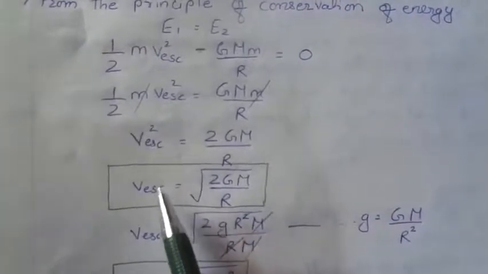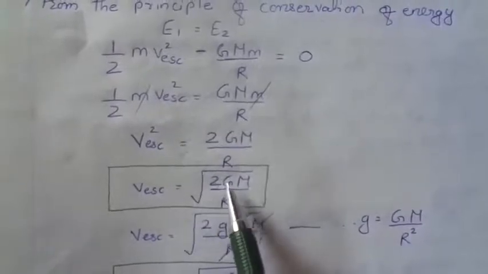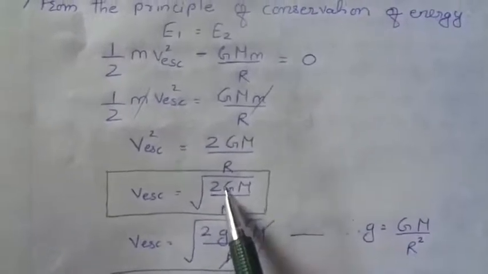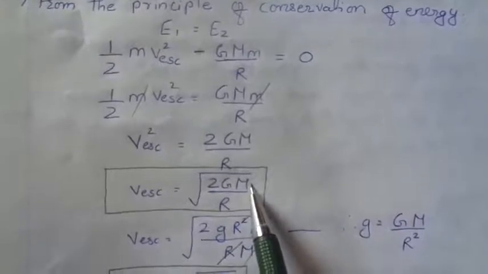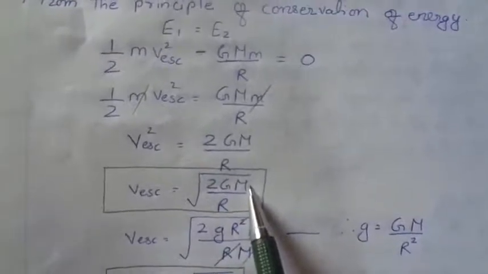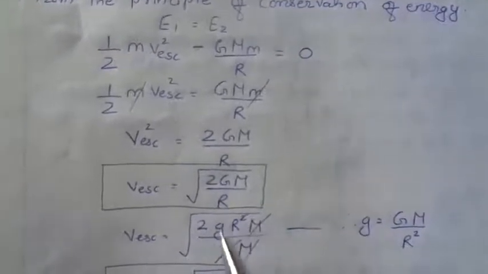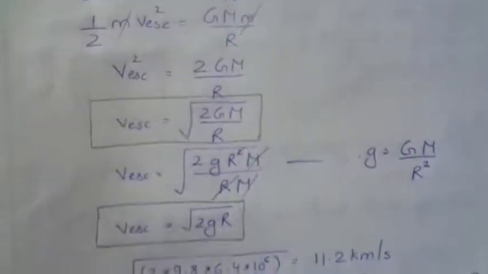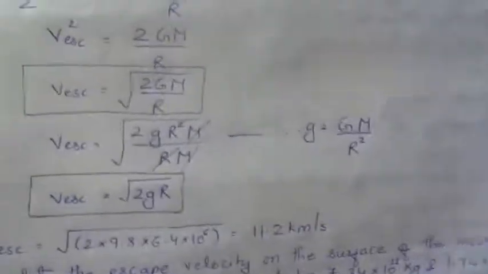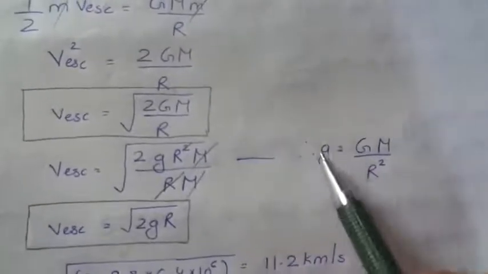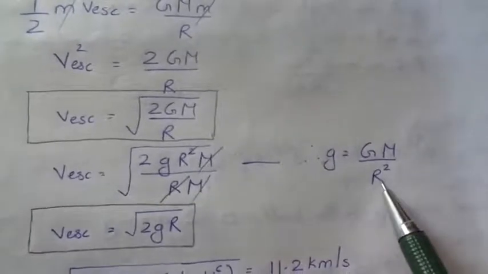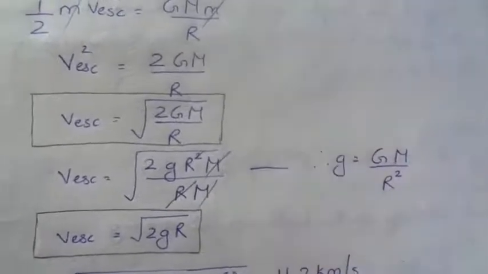Taking the square root, v_escape equals root of 2GM upon r, where G is the gravitational constant, M is the mass of the Earth and r is the radius of the Earth. This is one formula that you have to know. The other: we have derived that g equals GM upon r squared.